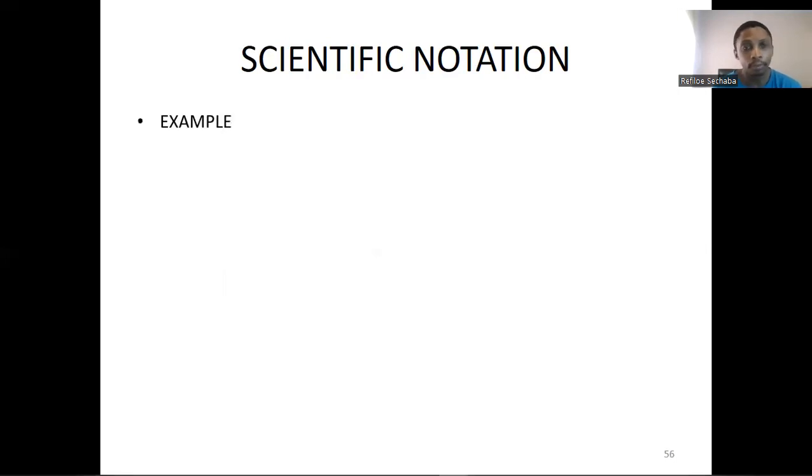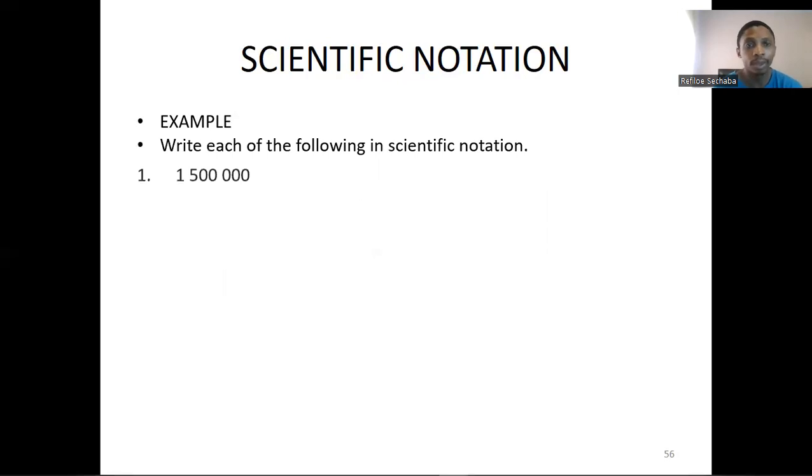Now let us look at this example here. Write this in scientific notation. First of all, I will put a comma right at the end. But in this case, note that I need only one digit on the left-hand side of the comma. So I only need one digit, which must be the 1. So everything must go.